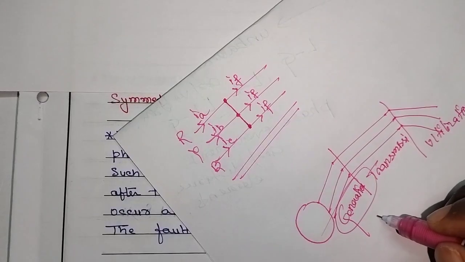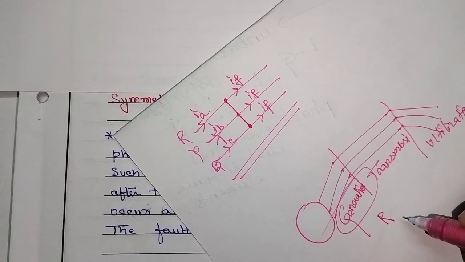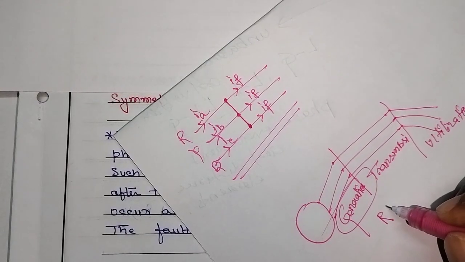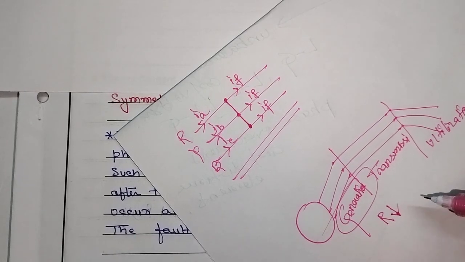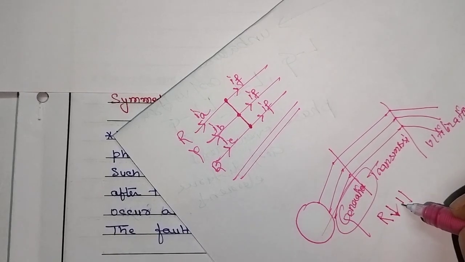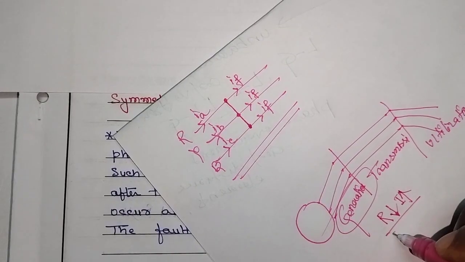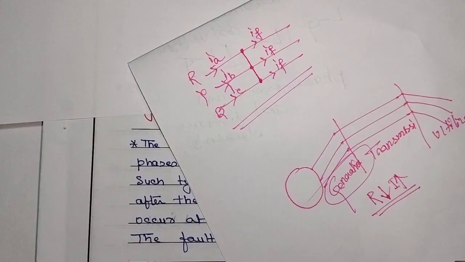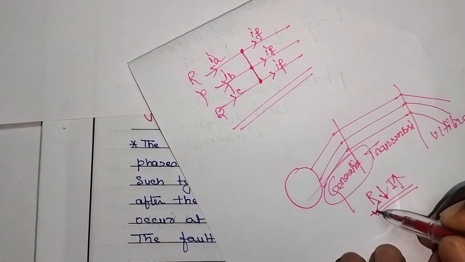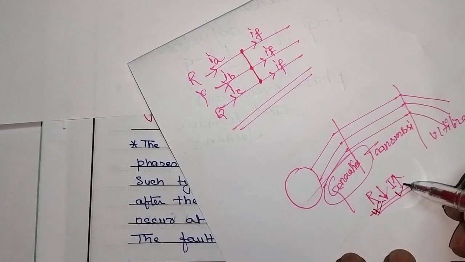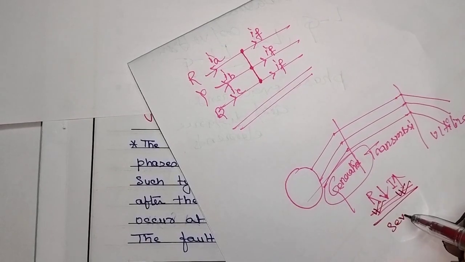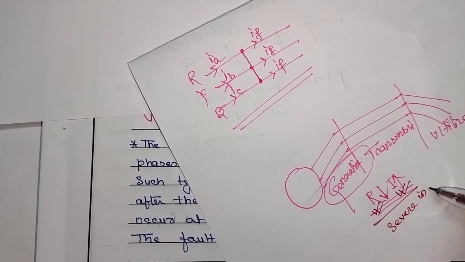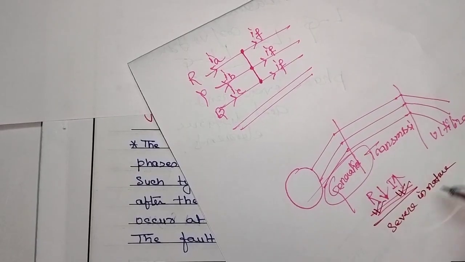At the generation side, the resistance will be lower. So current will flow higher in nature. Since the resistance is lower, the current will flow higher. That's why this type of fault is very severe in nature compared to the other types of fault.